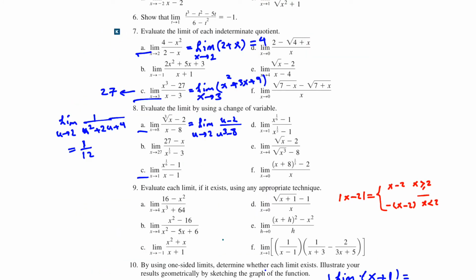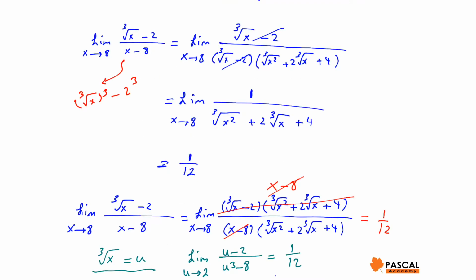Before we do any other question, I want to go over question 8, part A, and do this question using two other methods. Limit of (cube root of x minus 2) over (x minus 8) as x approaches 8.